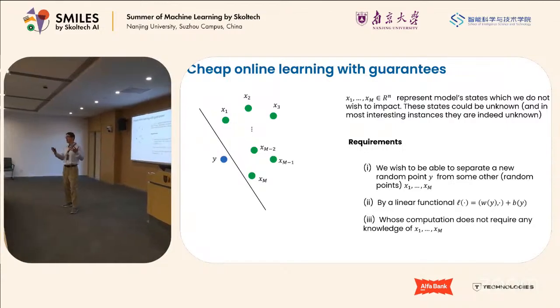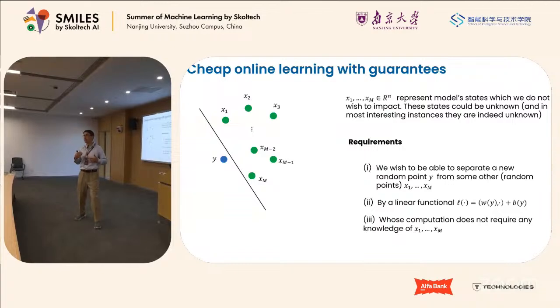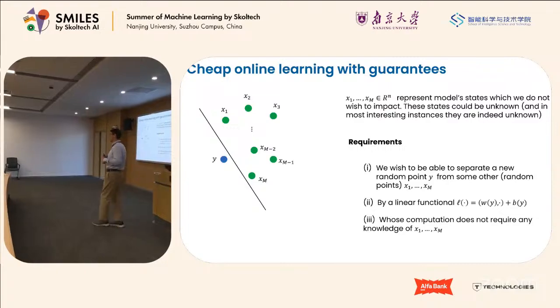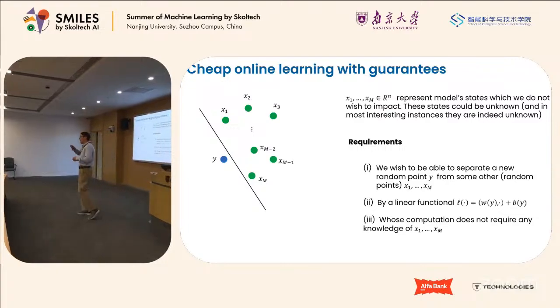So typically when we solve this problem of separation, we know the good points, we know the bad points, and our solution depends on both, on the good and the bad points. What I'm trying to do now, I don't want to know anything about the good points. I want to know the bad point.